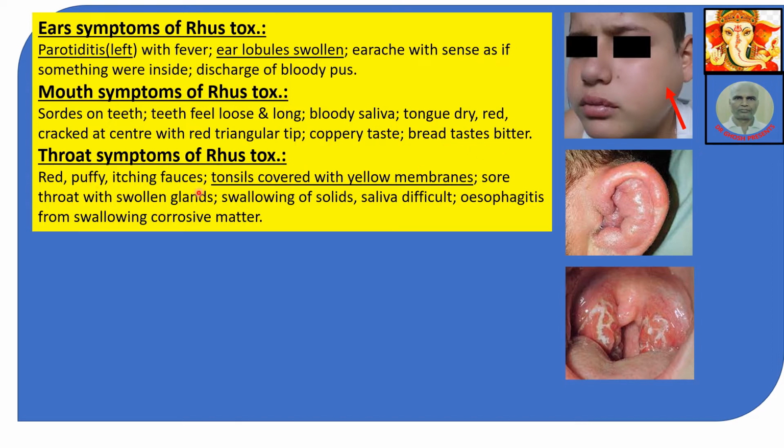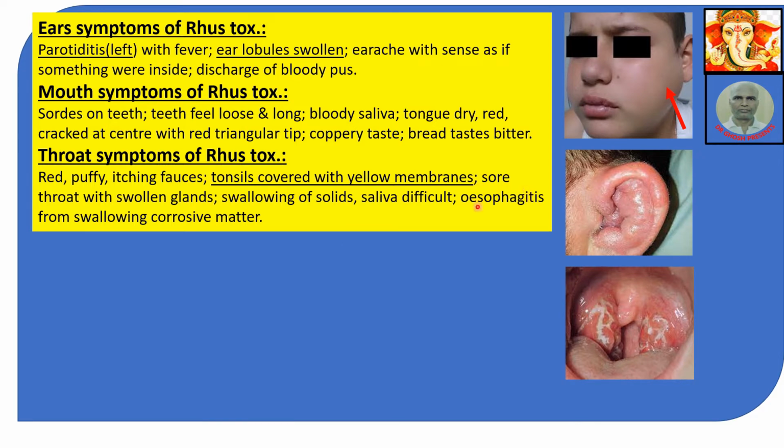Throat symptoms of Rhus Tox. Red, puffy, itching fauces. Tonsils covered with yellow membranes. Sore throat with swollen glands. Swallowing of solids and saliva difficult. Actually, saliva difficult means saliva is very difficult to take inside.